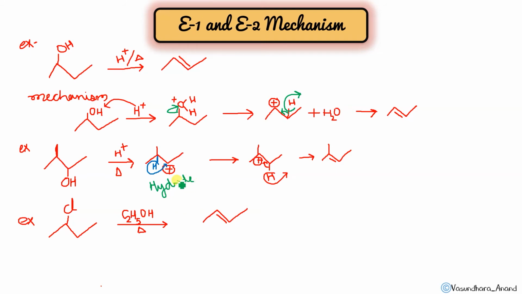Although if you form the product according to Saytzeff, it will give you the same product, but you should know the mechanism. So if this hydride shifting occurs, this will lead to the formation of a tertiary carbocation, and now this H plus will leave, and this bond is free. This bond will shift over here to give this double bond.